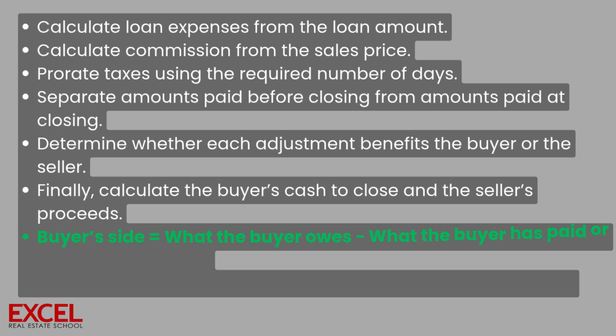Don't stare at all of the numbers and panic, but instead break it down. Calculate the loan expense from the loan amount. Calculate the commission from the sales price. Prorate taxes using the required number of days. Separate amounts paid before closing from amounts paid at closing. Determine whether each adjustment benefits the buyer or the seller.